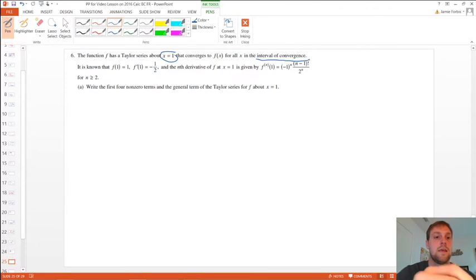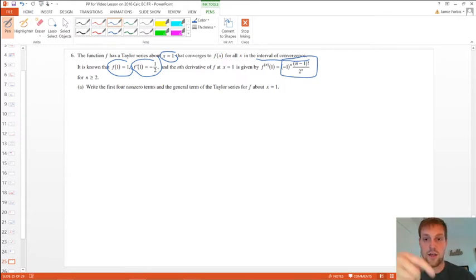It's known that f of 1, f of my center, is equal to 1, and f prime of 1 is equal to negative 1/2. And then for any derivative after that, like f double prime of 1, f triple prime of 1, f fourth derivative of 1, is given by this function here. So if I want to know what the fifth derivative of 1 is, I just plug 5 in for n and I'll get it. And that's for all n greater than or equal to 2.